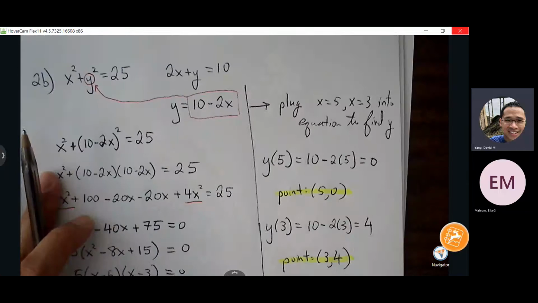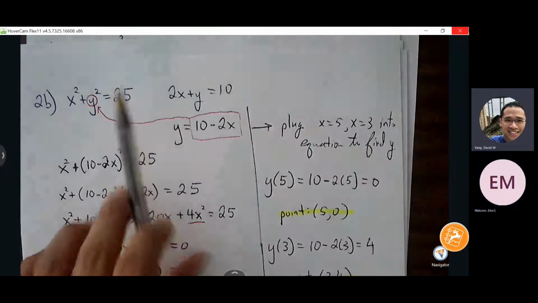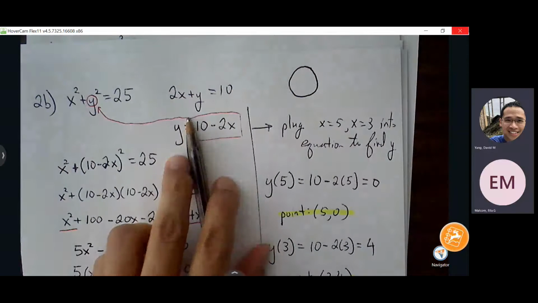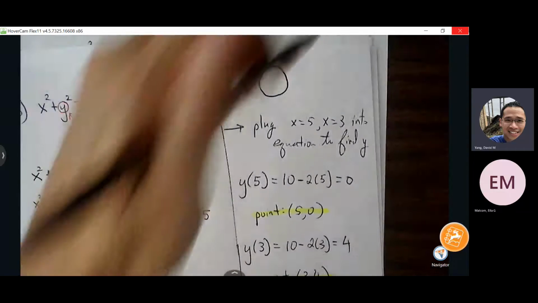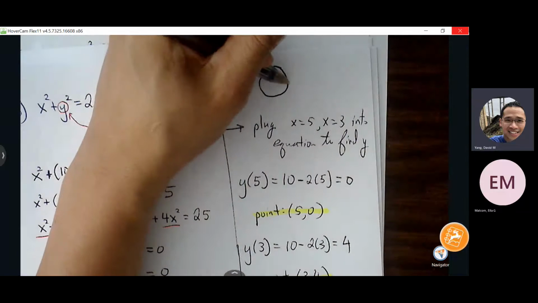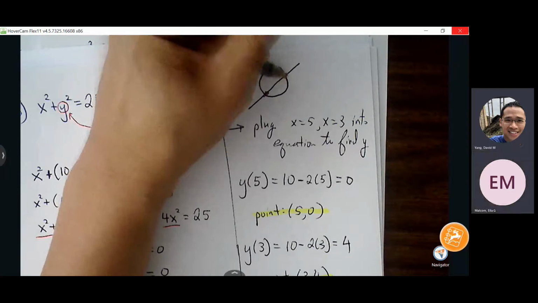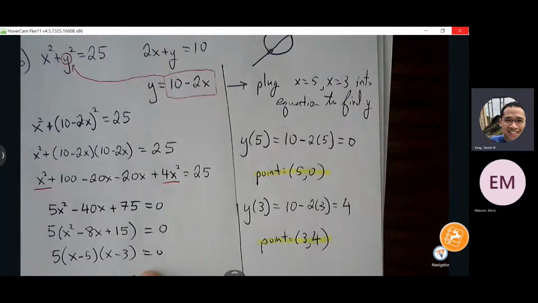So visually, what this could look like is that x squared plus y squared equals 25 is a circle, and this is a line. This tells us that the line is going to intersect the circle at 2 different points, at (5, 0) and at (3, 4). That's why there are 2 solutions.